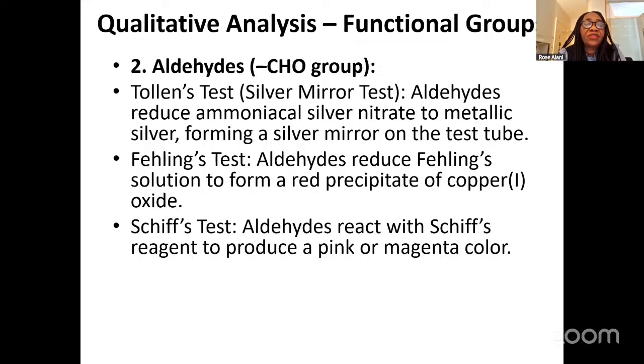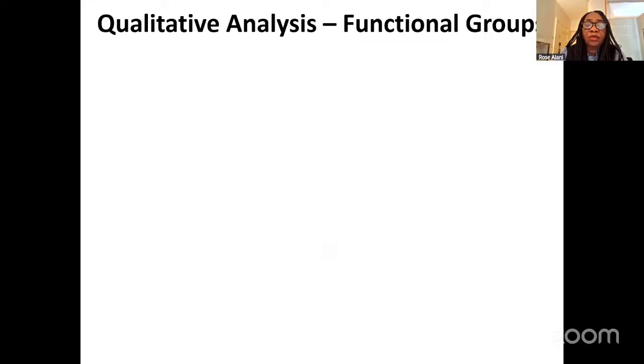We can also carry out Fehling's test for aldehydes. Aldehydes reduce Fehling's solution to form a red precipitate of copper(I) oxide. We can also carry out Schiff's test for aldehydes. Aldehydes react with Schiff's reagent to produce a pink or magenta color.